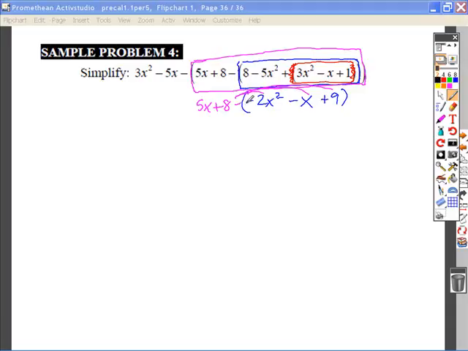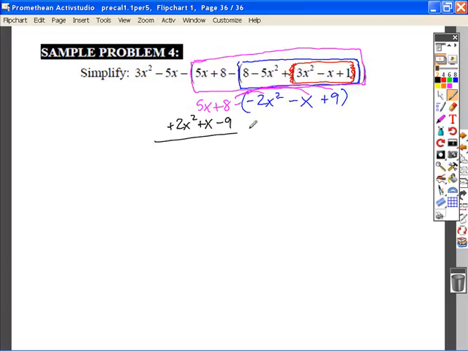So as I distribute this negative, a negative times a negative becomes a positive 2x squared. And so I'm going to put that to the left of the x's. Distribute a negative to the next term, a negative x becomes a positive x. I'm going to write that right below my other first degree term. And then distribute my negative to the 9, we get negative 9.